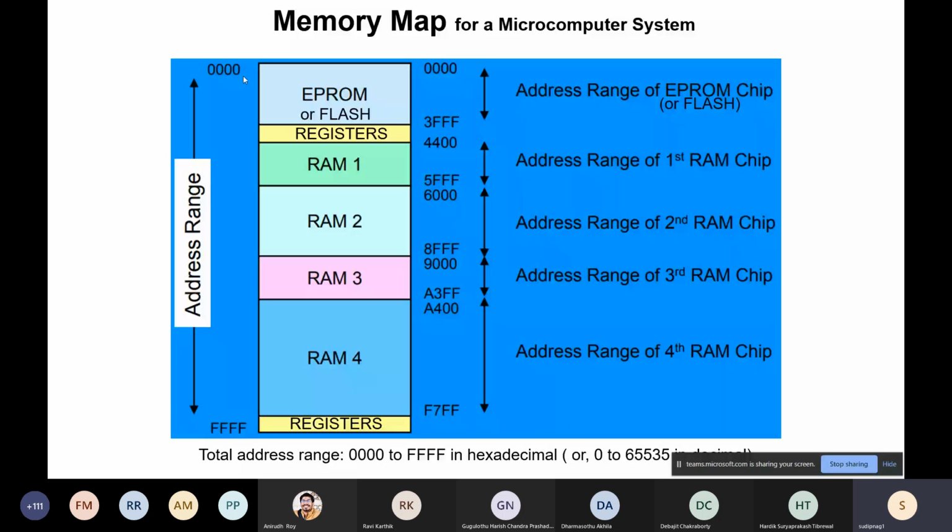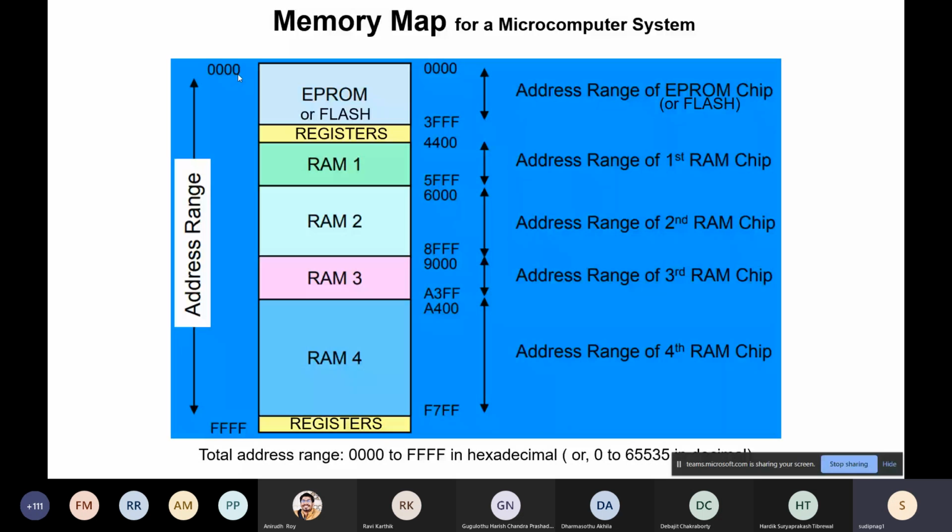So that means the 0th location to 65,535. There are 4 nibbles here, that means 4 hexadecimal digits, so there are 16 bits.